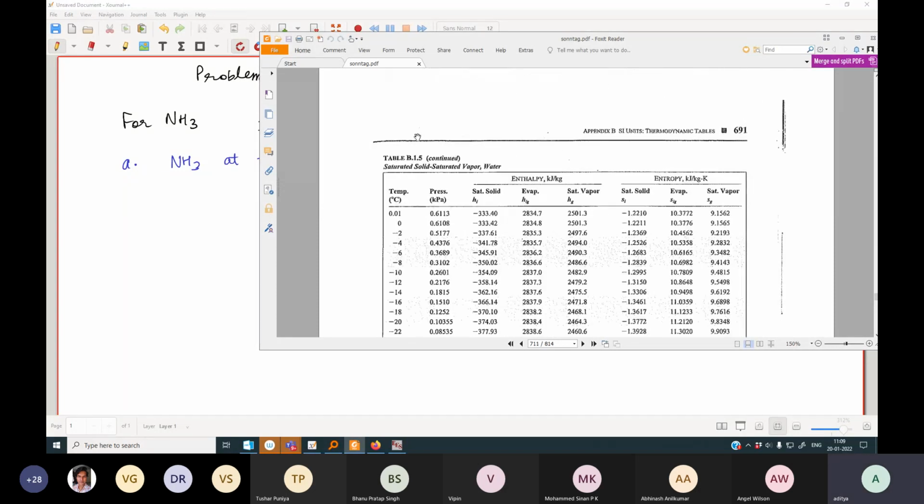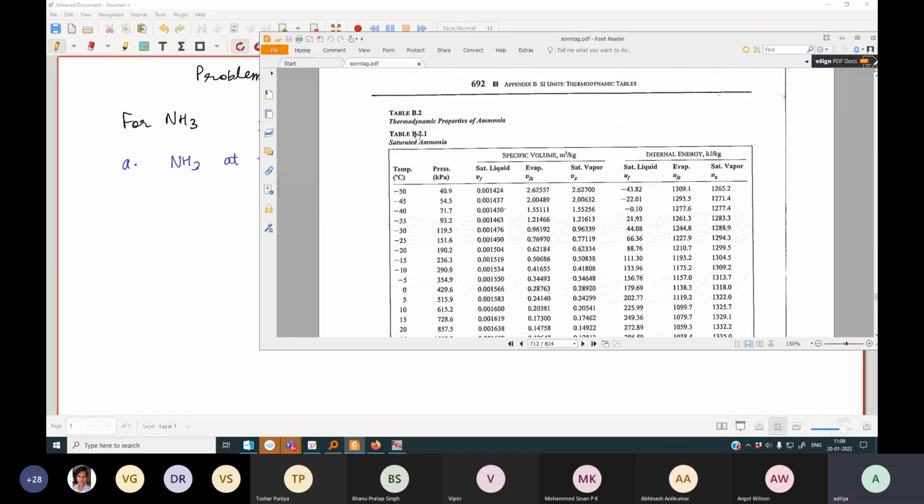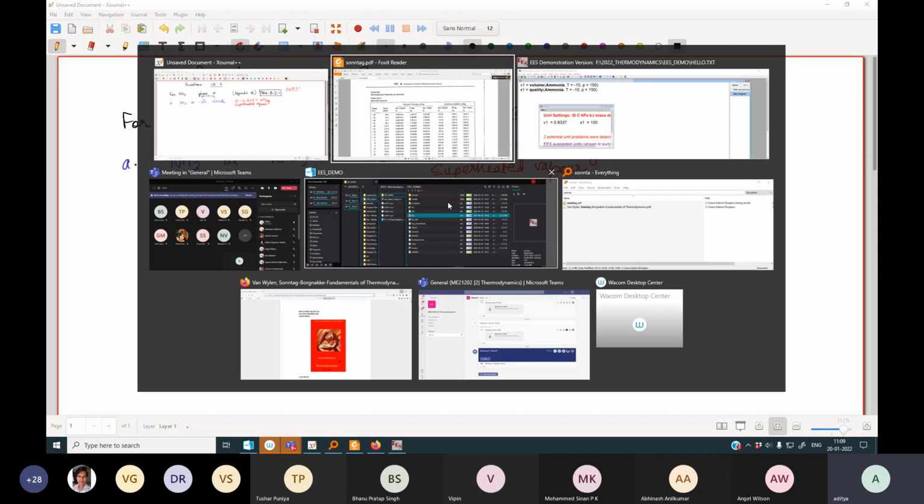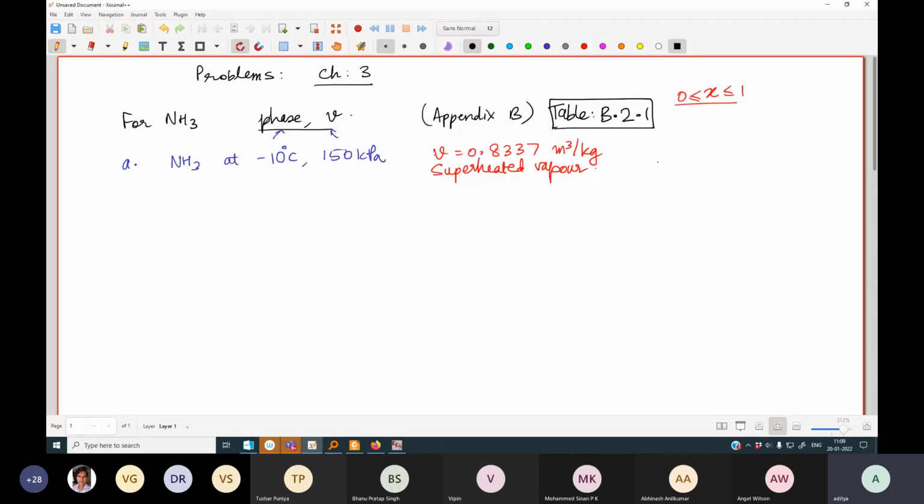Okay, now we have table B 2.1. So I will write here, ammonia is table B.2.1. All right. So first things first, let me draw the schematic.